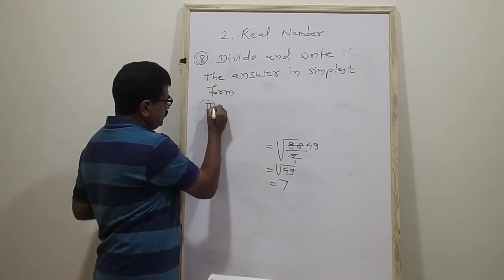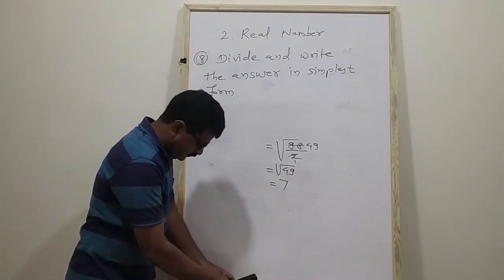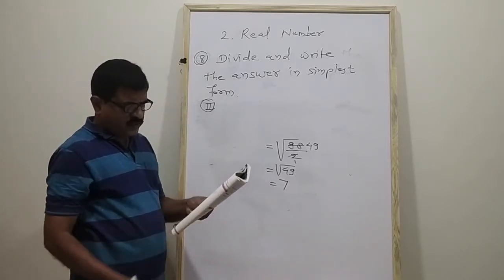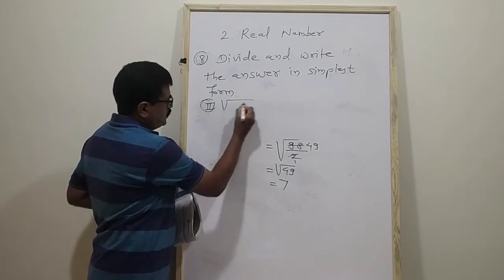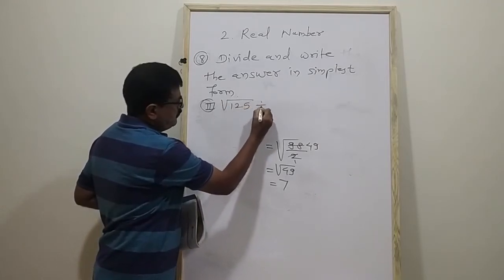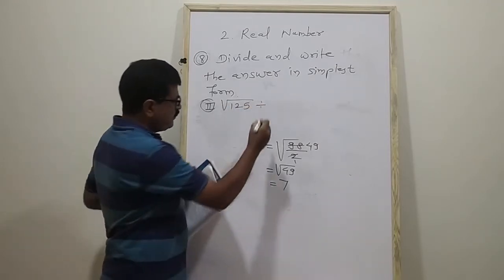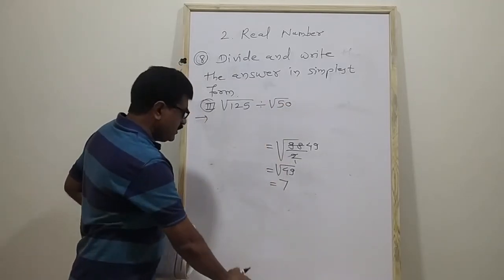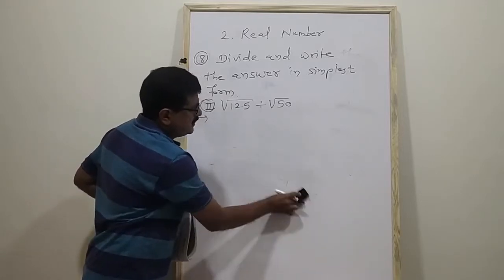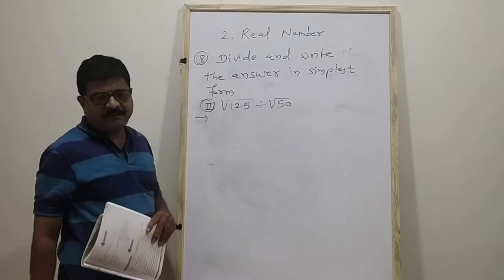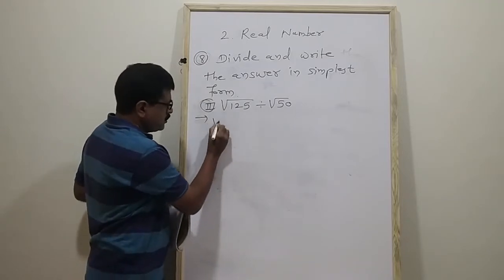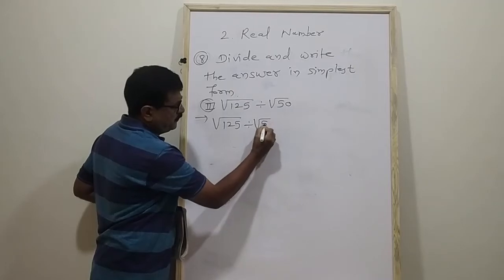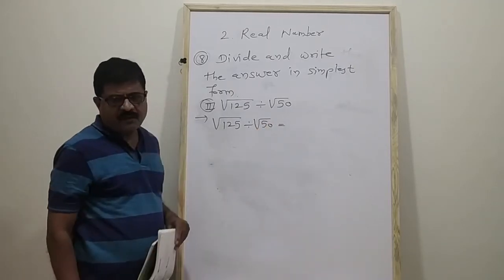Number 2, write down second example. Square root 125 divided by square root 50. Now by similar method we can solve this example. Square root of 125 divided by square root 50 is equal to.